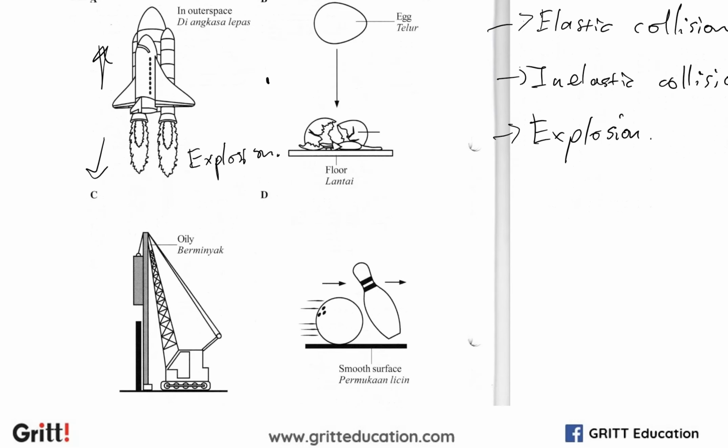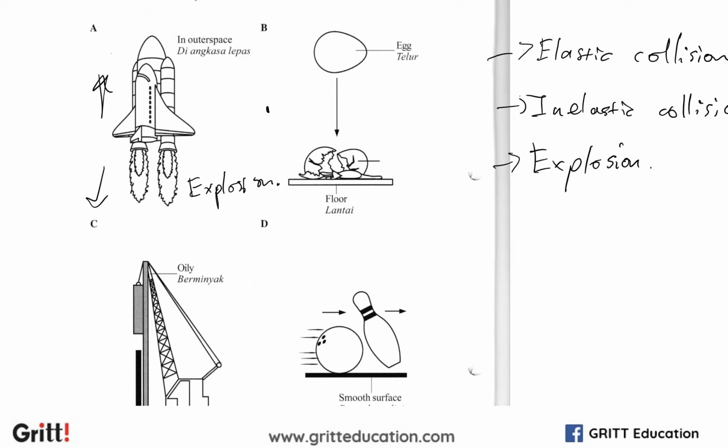How about B? Now this one, you may think this is an inelastic collision, but in fact it is not. The reason is that the egg, when it reaches the ground, it breaks. The most important part here is that it breaks. It no longer retains the original form.